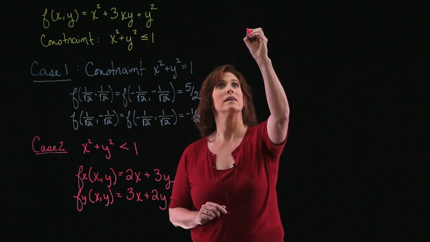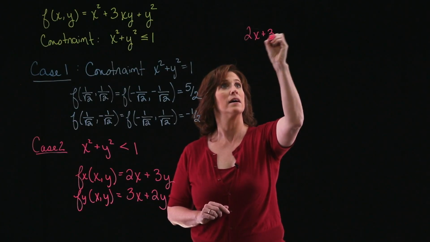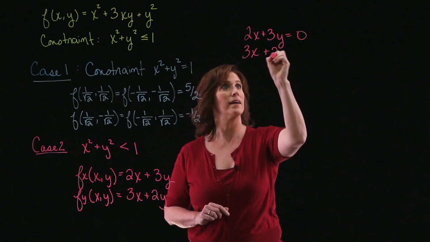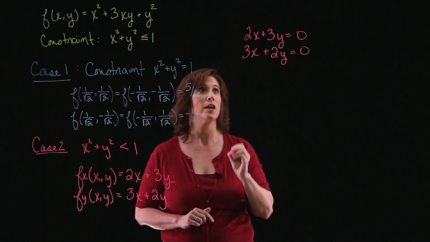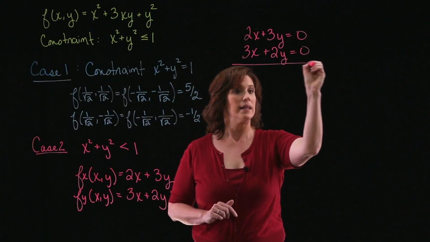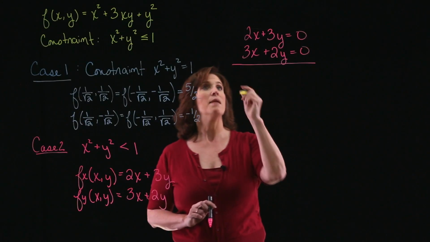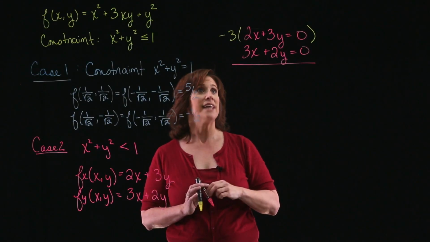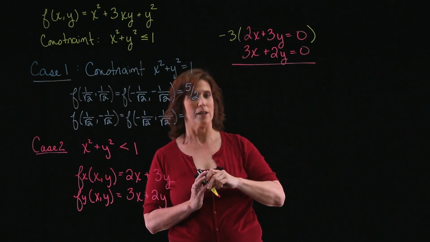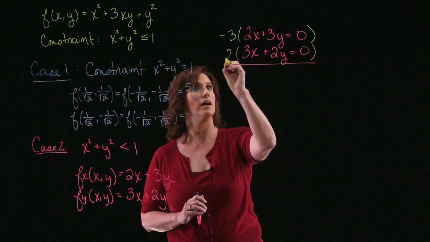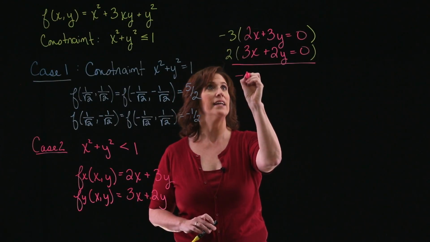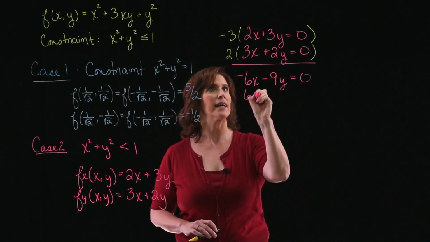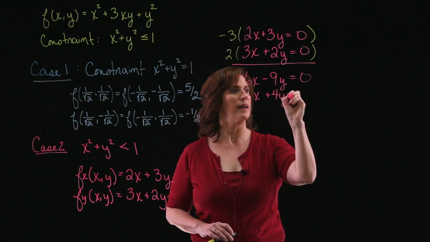So let's go ahead and set them both equal to 0. So 2x plus 3y equals 0, and 3x plus 2y equals 0. To solve this system, let's take the first equation and multiply both sides by negative 3, and the second equation we'll multiply by positive 2. So I have negative 6x minus 9y equals 0, and 6x plus 4y equals 0.